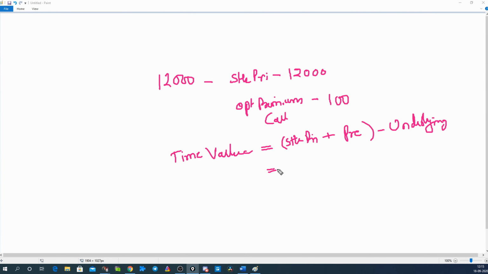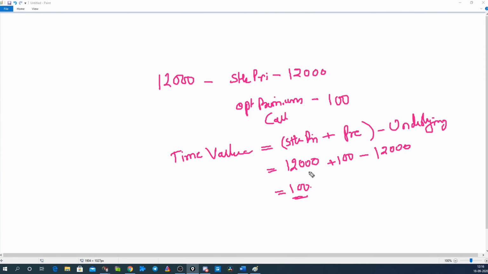So if we calculate for our case, let's say the strike price is 12,000 plus the premium is 100 minus the underlying, and you get answer as 100. So for the 12,000 call option, which is trading at 100 rupees, if the underlying is trading at 12,000, then the time value is 100.